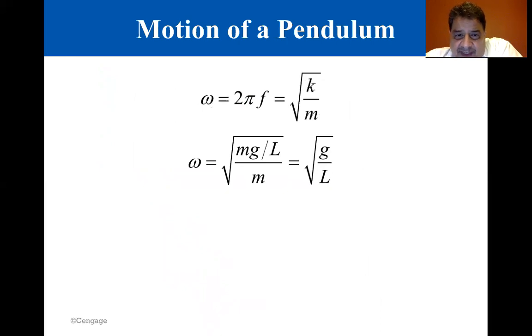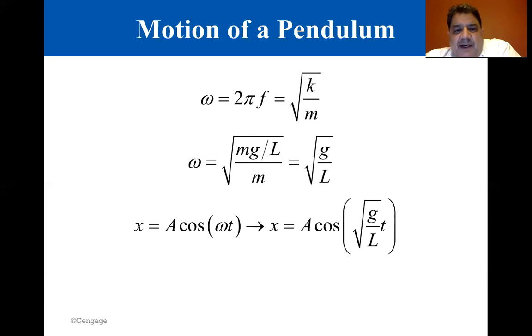You'll see that the m's cancel, and we get omega equals the square root of g over L. This angular frequency can be substituted into our equation for the displacement, which now mathematically describes the motion of a pendulum. x equals A cosine omega t becomes x equals A cosine of the square root of g over L times t.